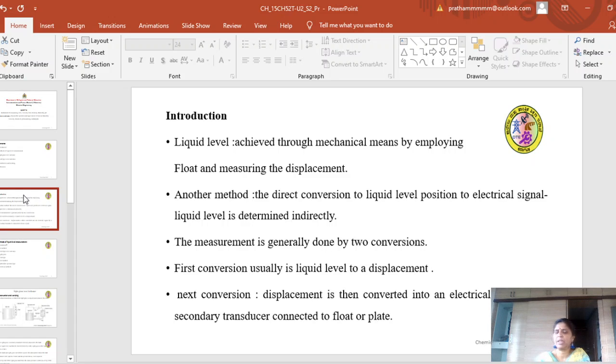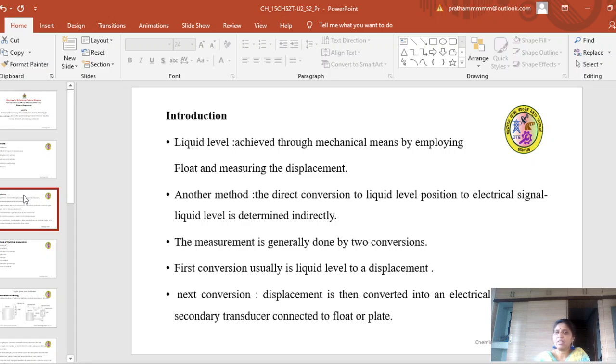Another method that we call a direct conversion method. By employing the float, you can measure the liquid level. That is the direct conversion method. In another method, there is indirect level measurement, wherein the level of the liquid can be converted into an electrical signal.